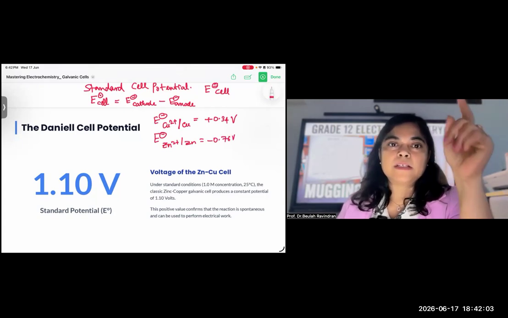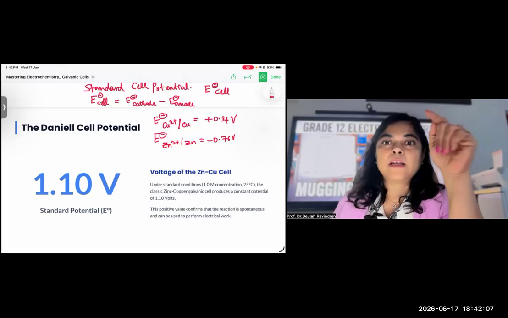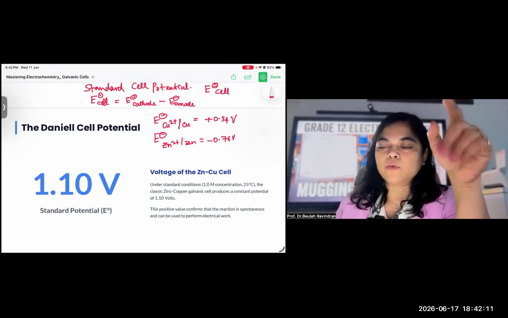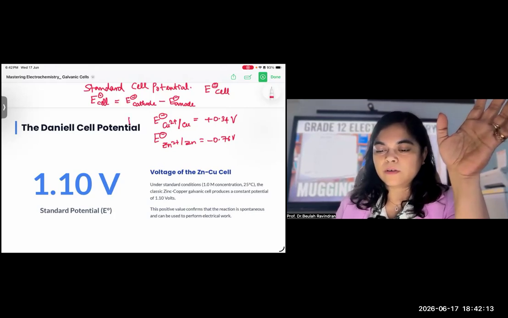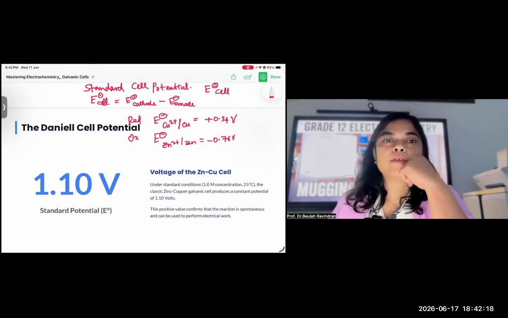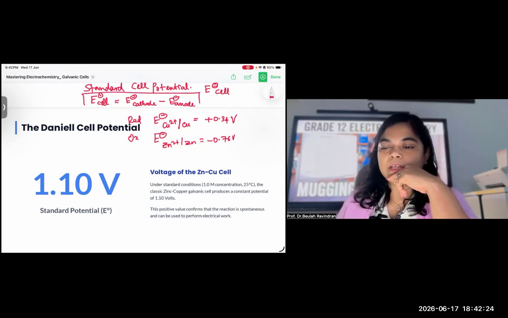Since copper is at the cathode, reduction takes place, and zinc is at the anode, oxidation takes place. Then we plug them directly into our formula: E cell is equal to E cathode minus E anode.